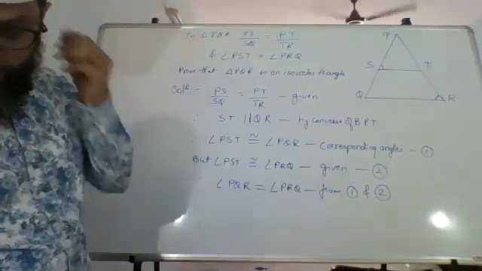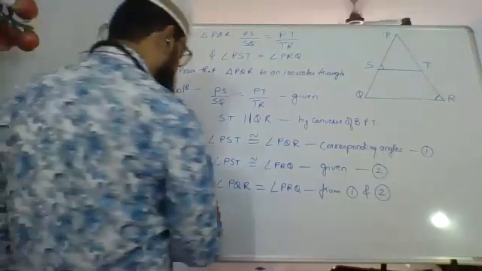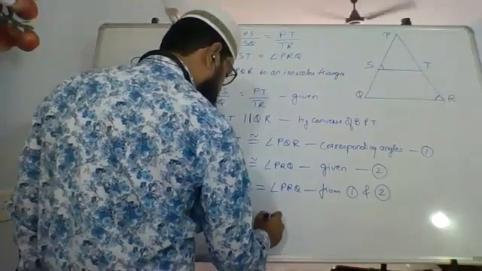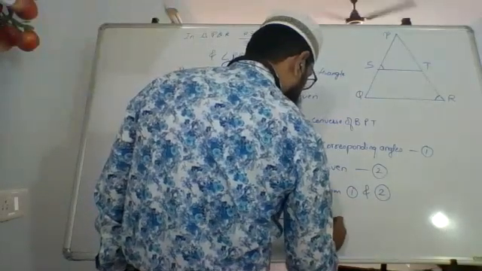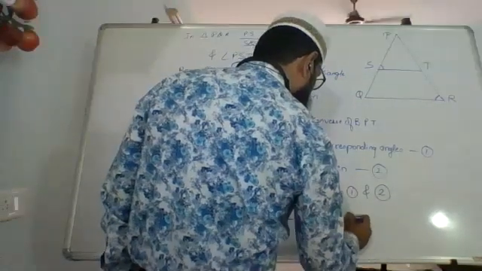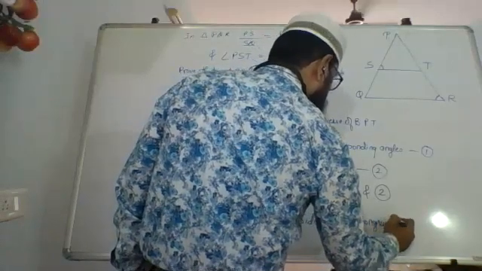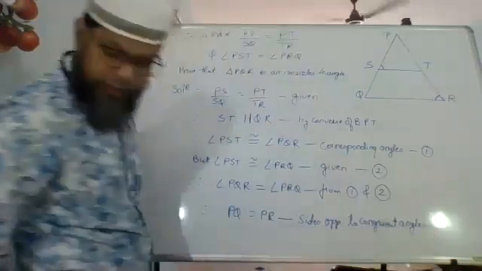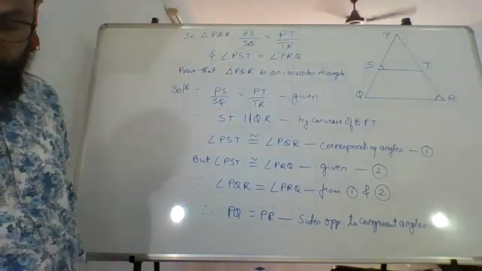Therefore, PQ is equal to PR. Reason: sides opposite to congruent angles, or sides opposite to equal angles.